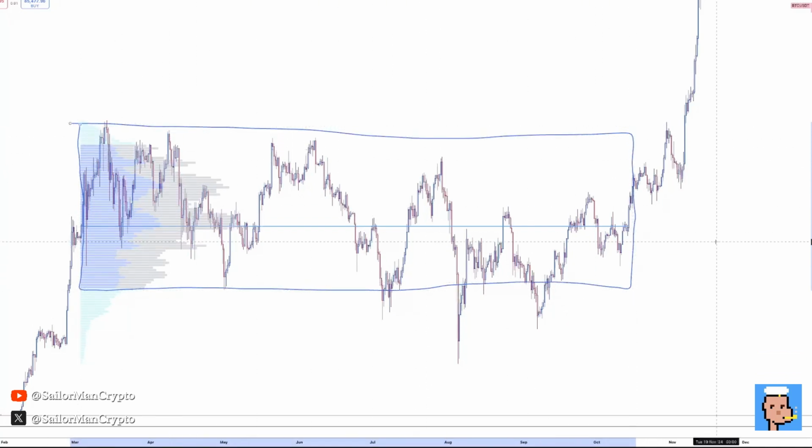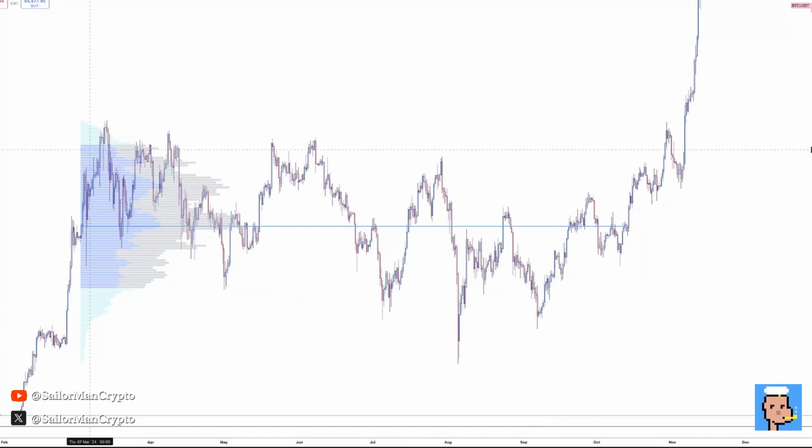And in this case of Bitcoin, 63,000 was the most traded in terms of volume, so amount of money exchanged, to put it in very vulgar language, on this range that we had from March 2024 to October 2024. So this is the first piece of information.